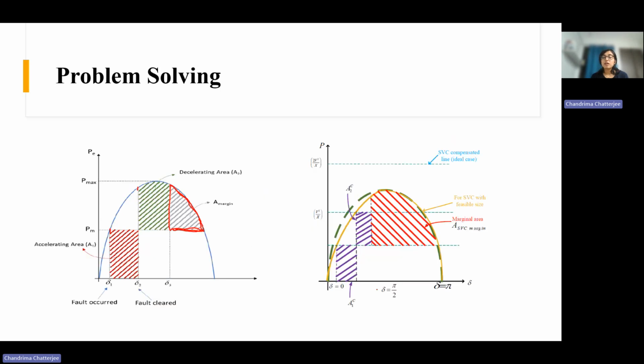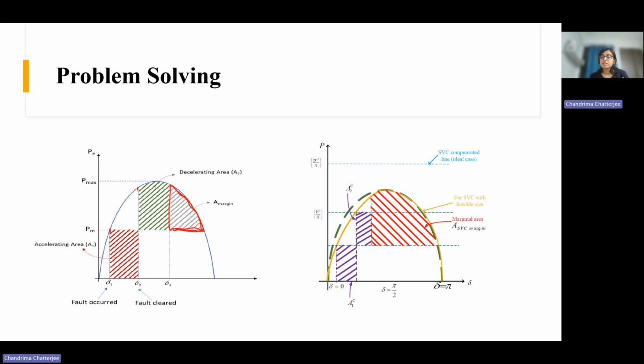So again, we will compare the marginal area of the uncompensated line and the marginal area of a compensated line. The left hand side diagram shows the P delta curve for the uncompensated line, and the right hand side diagram is the one for the compensated line.